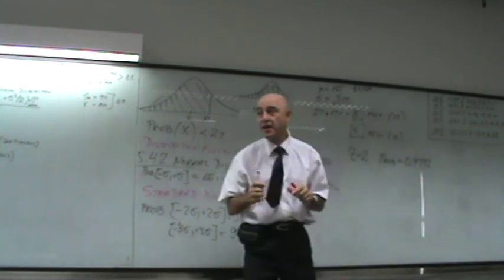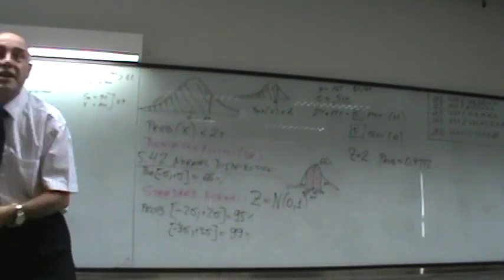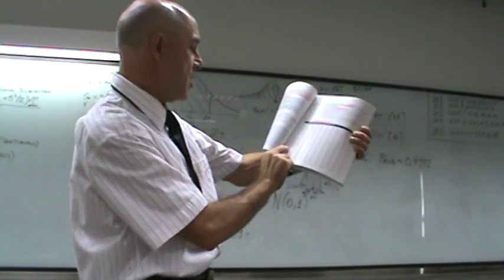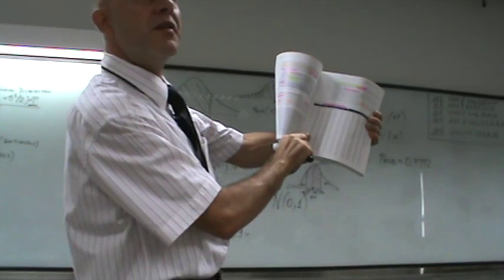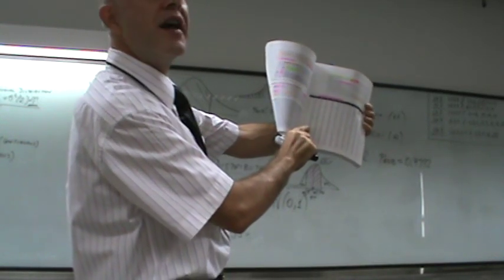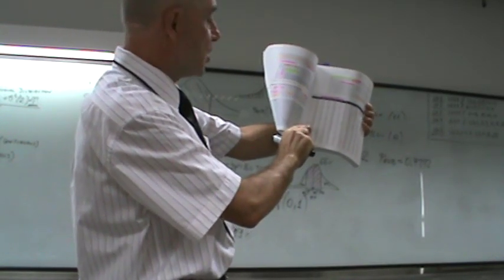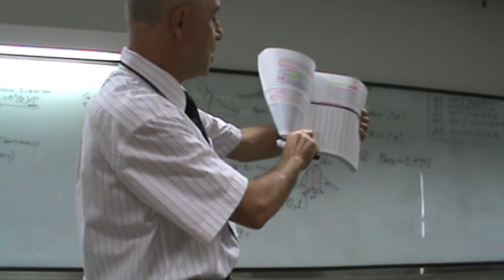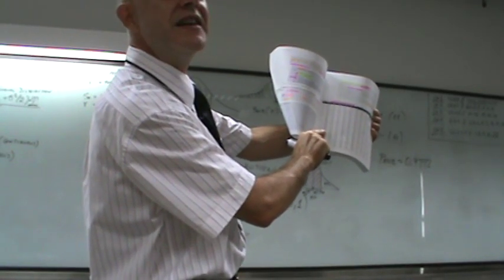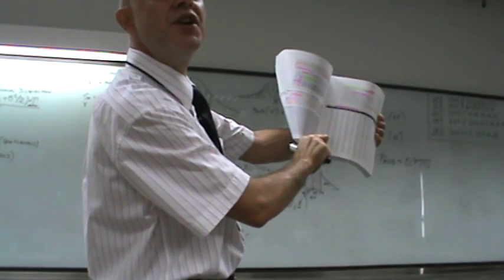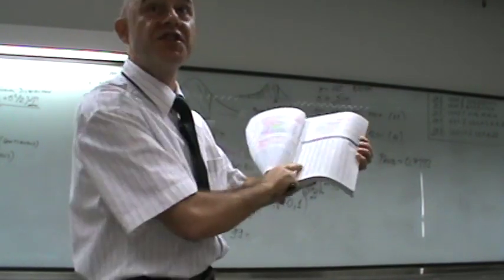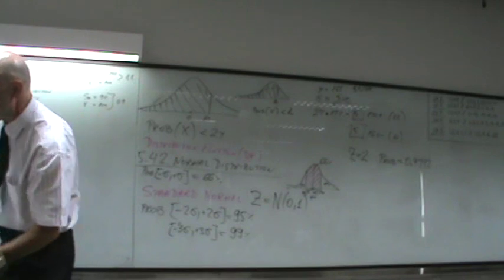You can read it off the table here. Look at 2.0, 2.00. It's 0.9772. Okay?